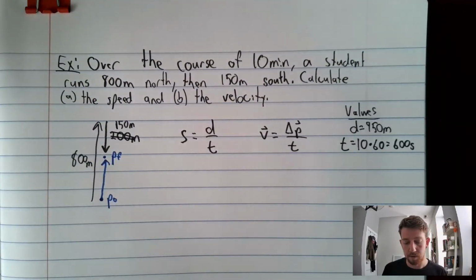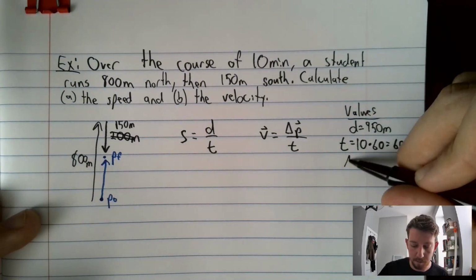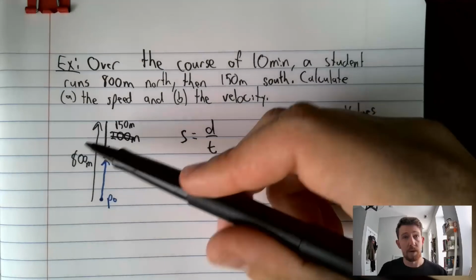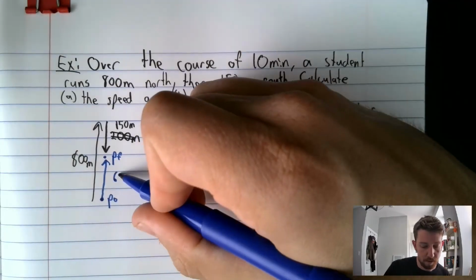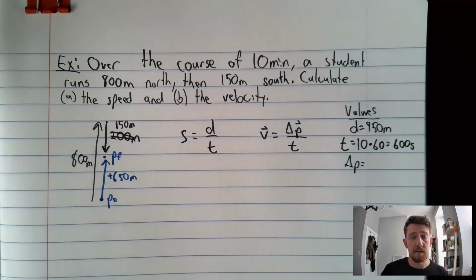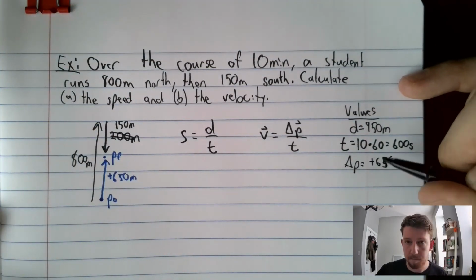So it looks like it points north. I'll write my displacement as well. You got to subtract those two. 800 minus 150. So it's 650 north. Or plus 650. So something going north is positive, so we'll leave it as 650.